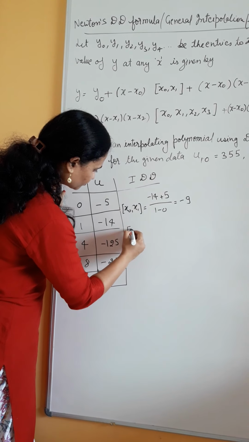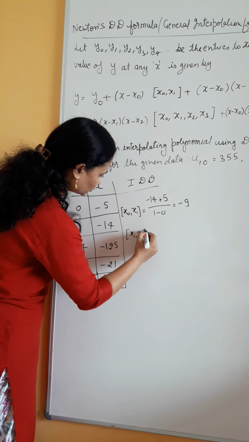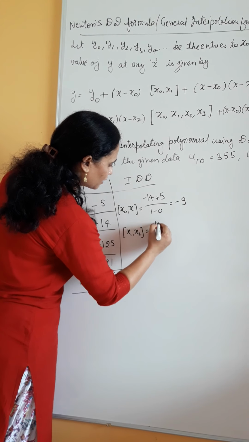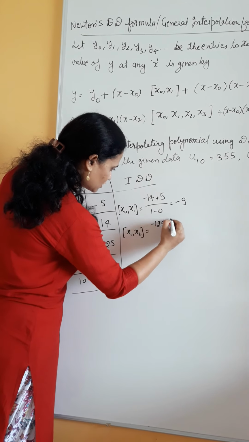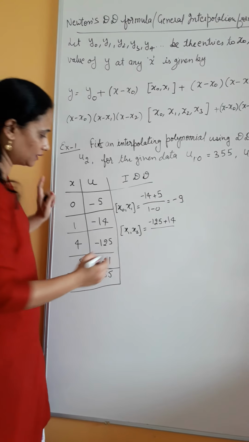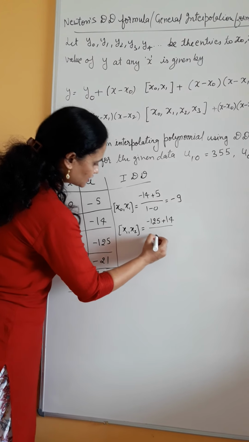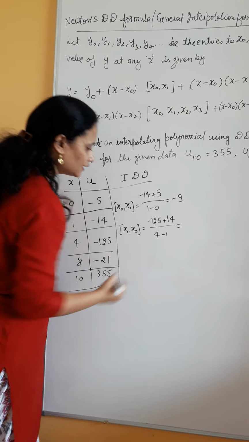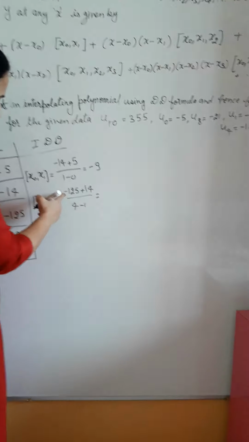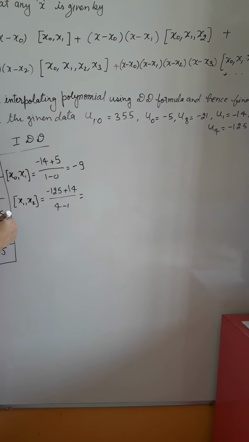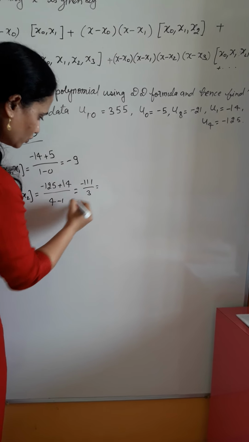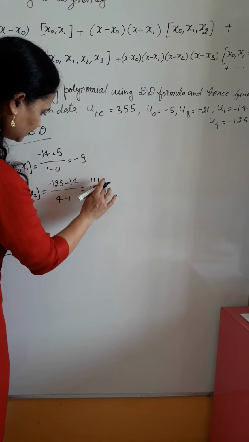Similarly, for x1, x2: -125 minus (-14), so -125 plus 14. How is it becoming plus? Since minus of minus is plus. Divided by 4 minus 1, that is 3. Calculating this value, it comes as -111 by 3, which is equal to -27.